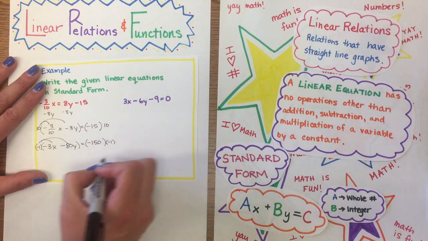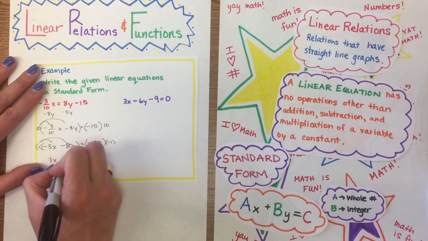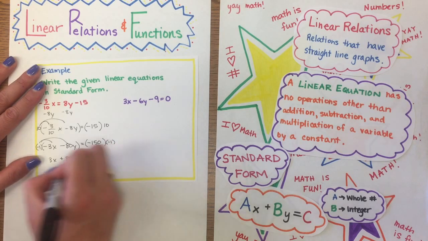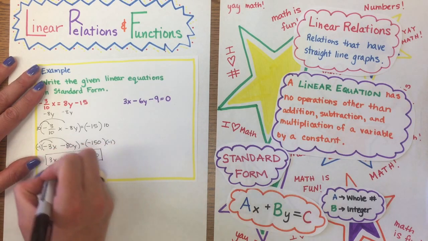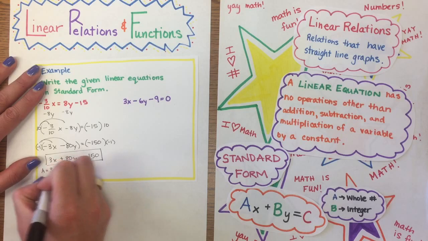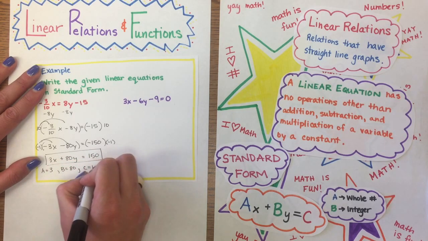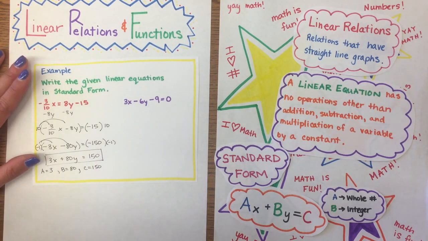Distributing that into each term will give me 3x plus 80y is equal to 150. So A is equal to 3, B is equal to 80, and C is equal to 150.